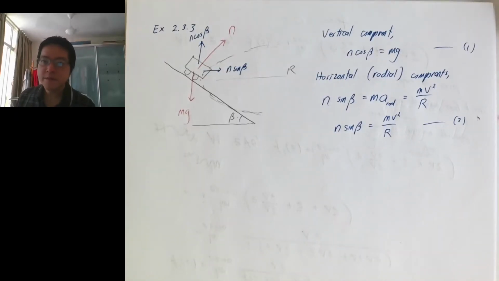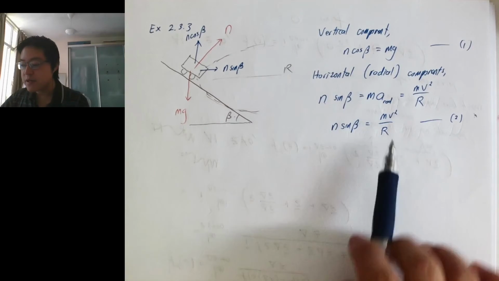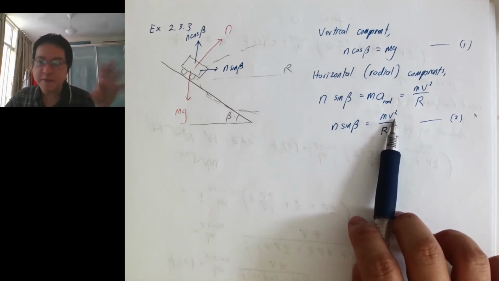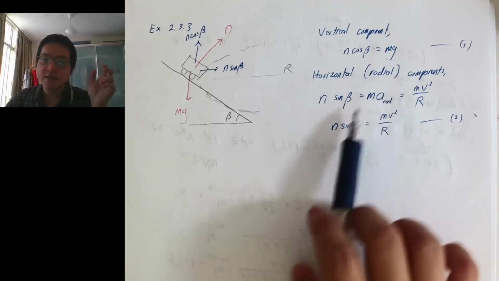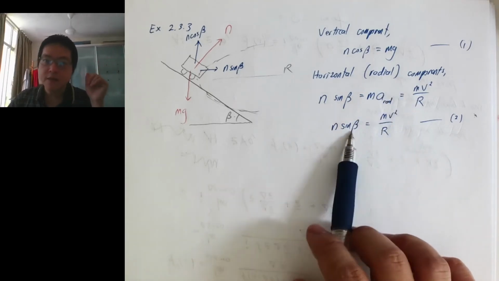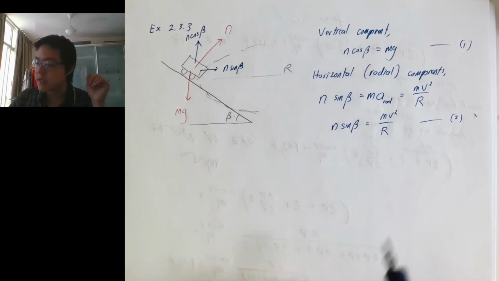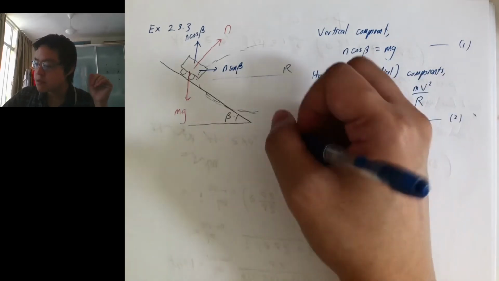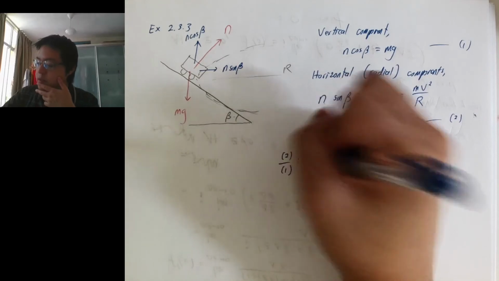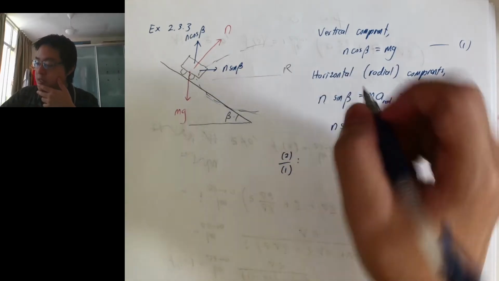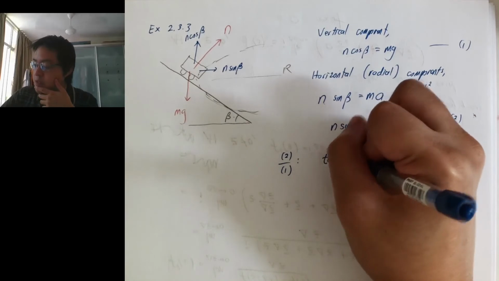From here we can easily calculate beta by solving these two equations. I have two unknowns. Let's say v is fixed for some v, and m and the other quantities are constants. So n is one unknown, and beta is the second unknown, and we want to eliminate n. Let's take equation 2 divided by equation 1. The n cancels and it becomes tan beta.